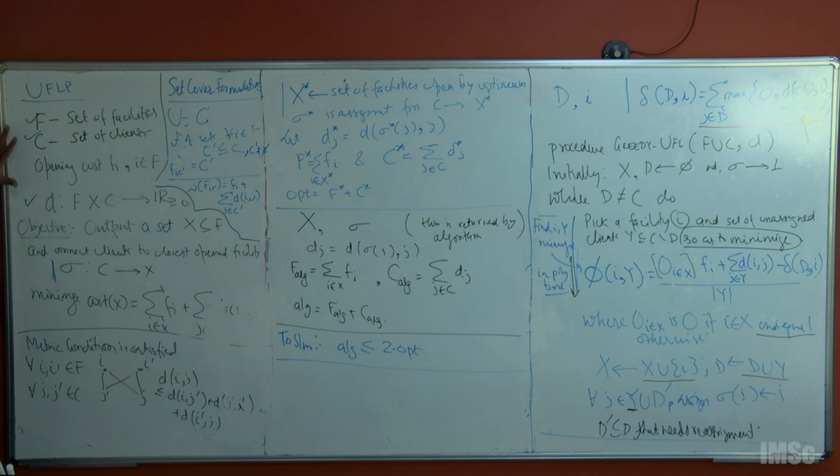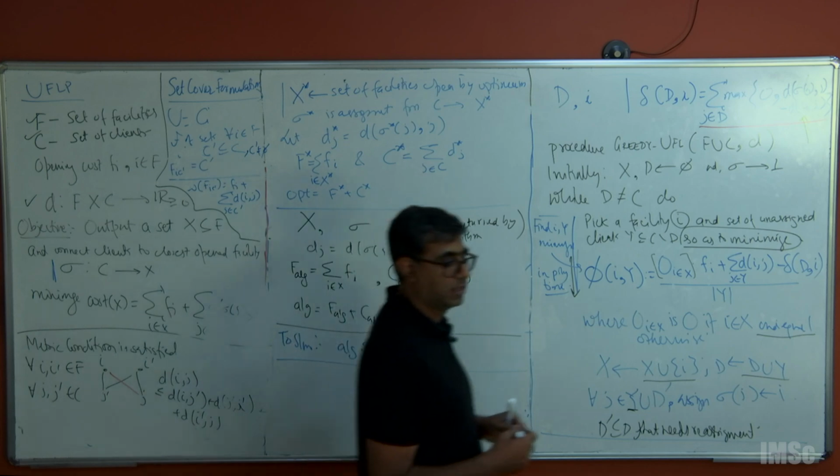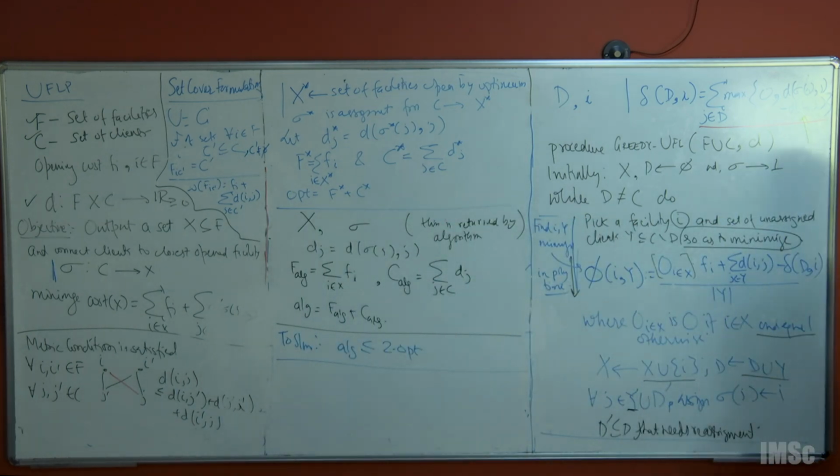Is that fine? Now can I start to remove this? Because I want to keep the algorithm, and I hope by now you have understood the definitions. So if you look at the charging trick, how did we do the charging trick in the set cover algorithm?